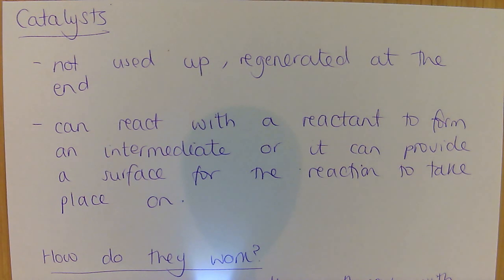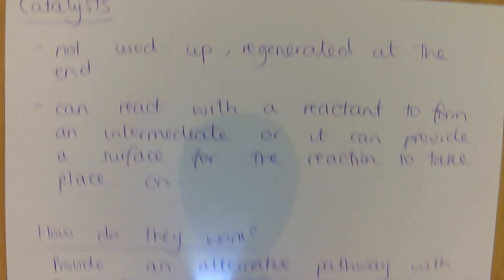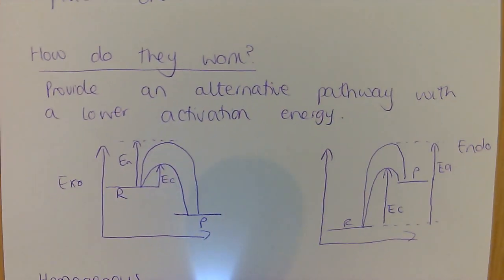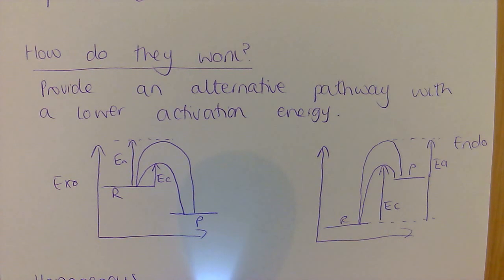They can either provide a surface for the reaction to take place on, or they'll react with a reactant to form an intermediate, and then that intermediate will break down, form the product, and the catalyst will be regenerated in that section.